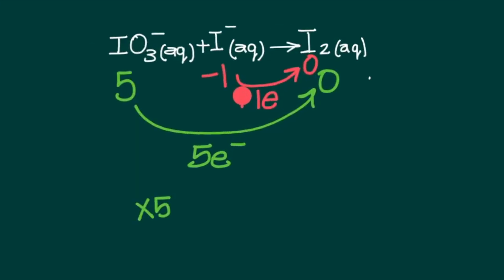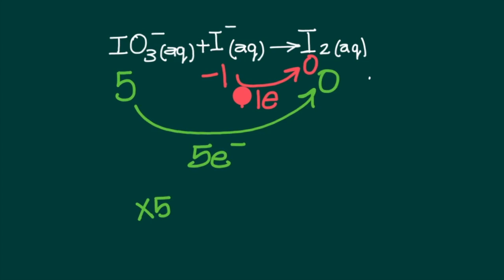Let's look at this example now. I has an oxidation number of 5 and goes here where the oxidation number becomes 0. This fall in oxidation number suggests that it's reduced.